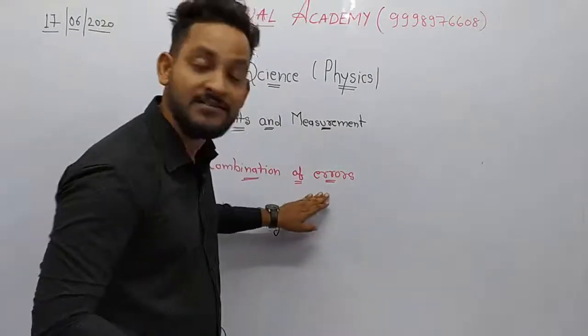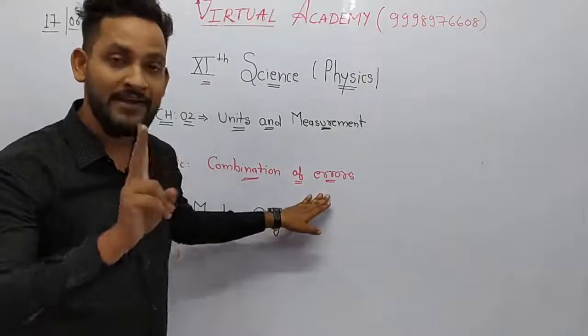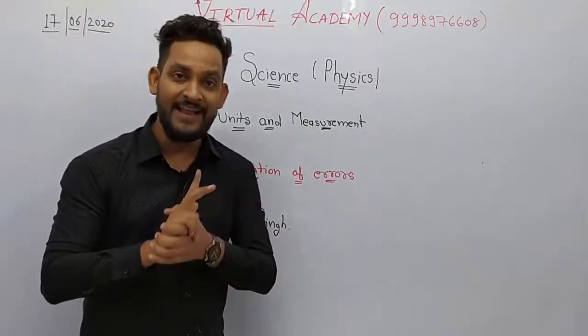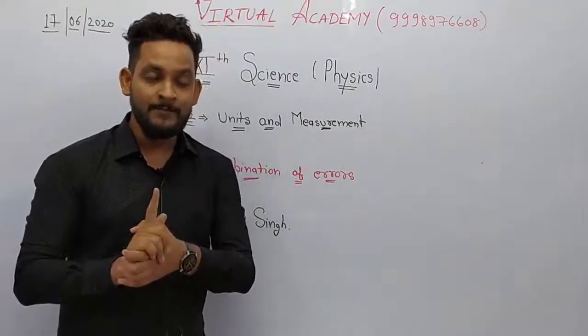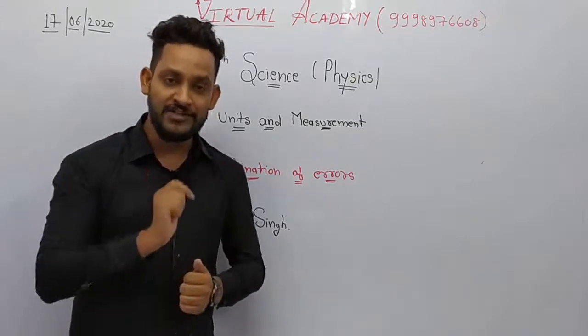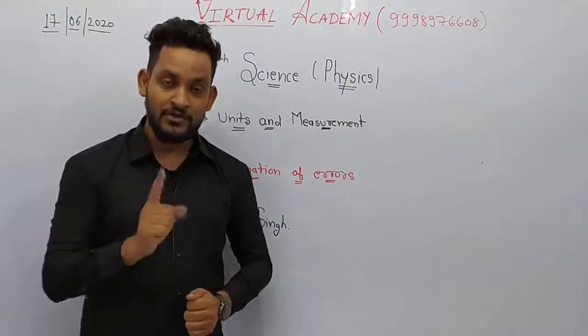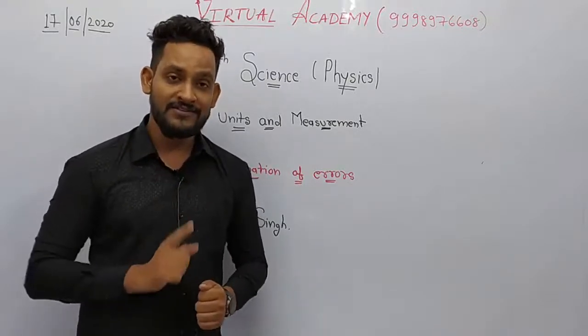Combination of error. Suppose we have physical quantities A and B. Suppose there is any measurement, then how do we do its addition, subtraction, multiplication, division, and in terms of exponential terms? We have to study that today.